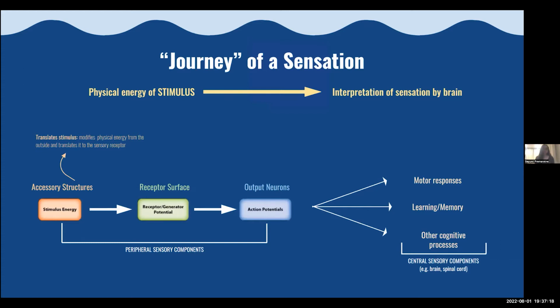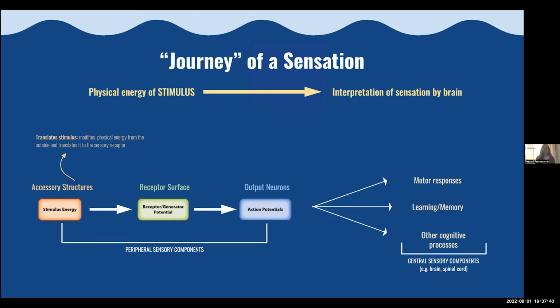So the journey of a sensation, so how it's converted from a stimulus to how our brain will then interpret certain signals. So it starts off with accessory structures. So this could be like the sensory organ that is going to receive the stimulus energy.